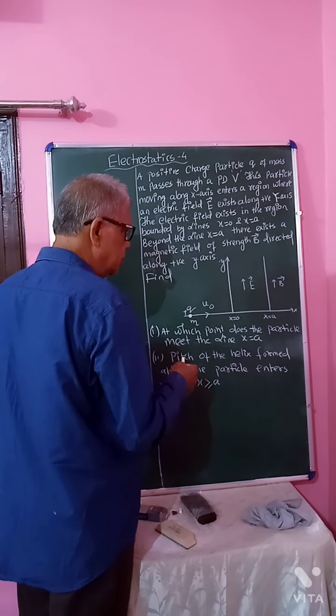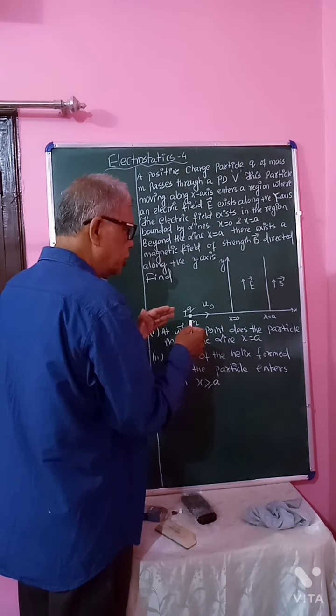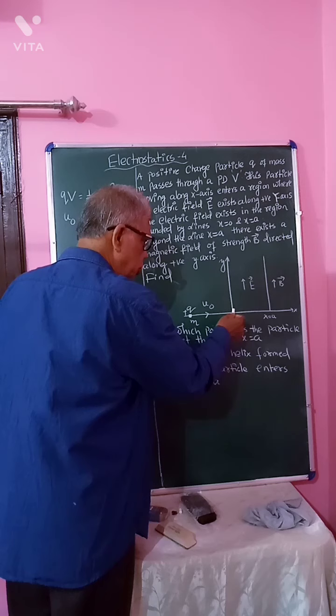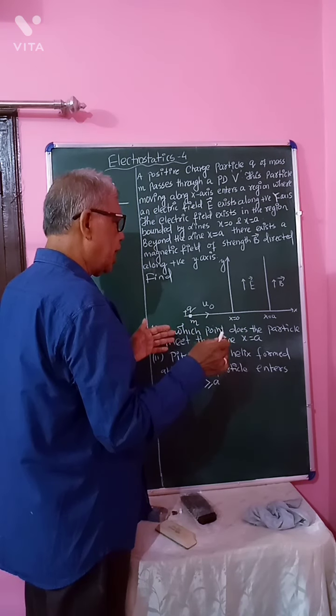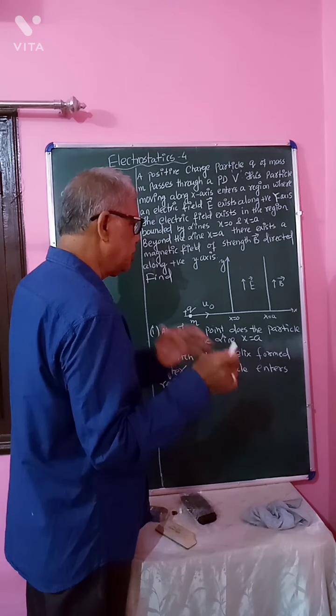The force exerted on the charged particle due to the electric field is also directed upward. The direction of the force acting on a positive charge is the same as the direction of the electric intensity.